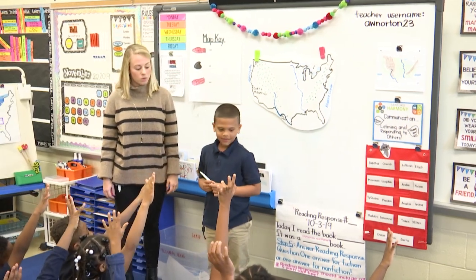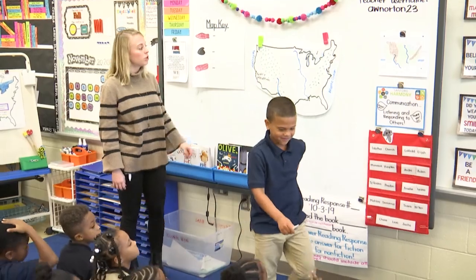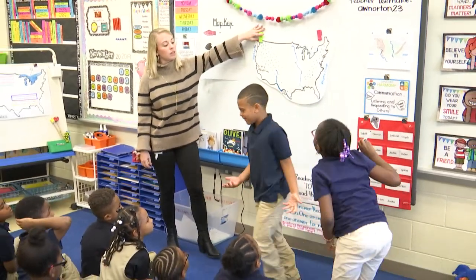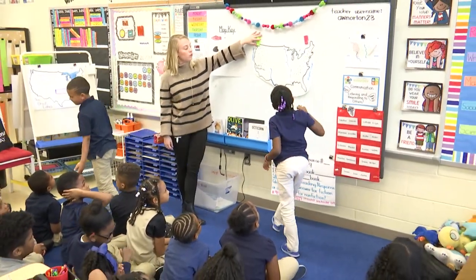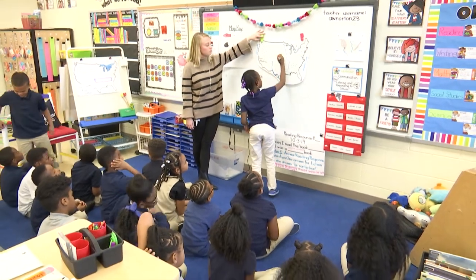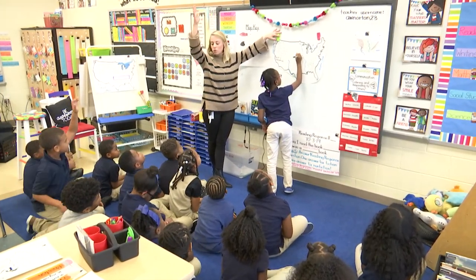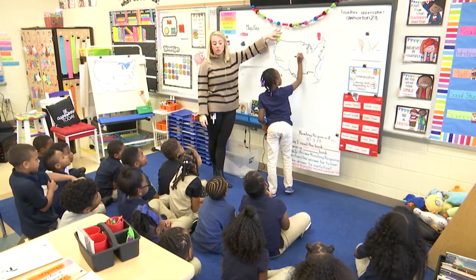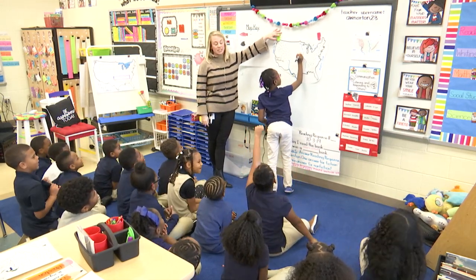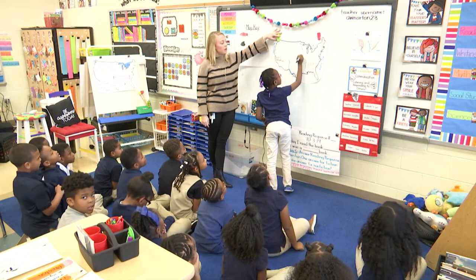3, 2, 1. Good friend to choose. Third brave friend, come on up and label one of your landforms that has not been labeled just yet. Ooh, this is a long one. She chose the river, but specifically what river? The Mississippi River. A lot of S's in that one.